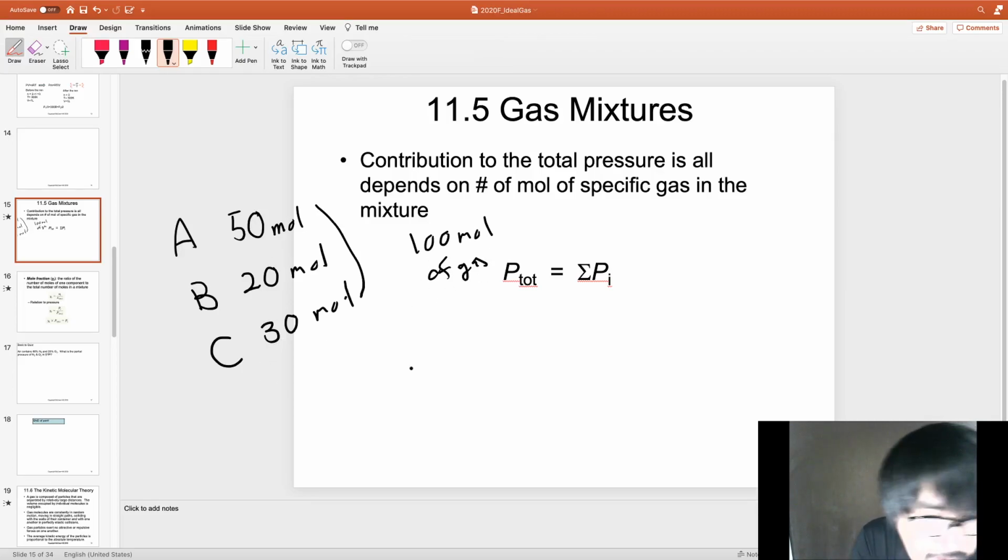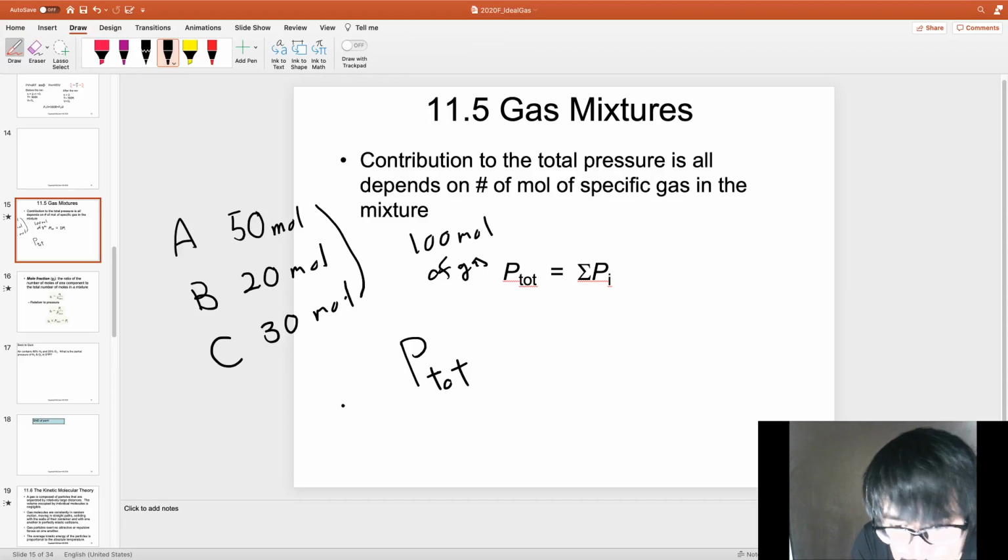And what I meant to say was that the total pressure comes from each one of these moles, different types of gas. Like A could be oxygen, B could be CO2, and C could be nitrogen, and so on.